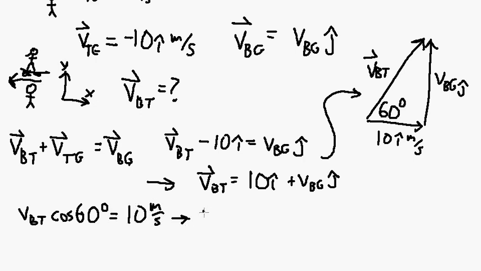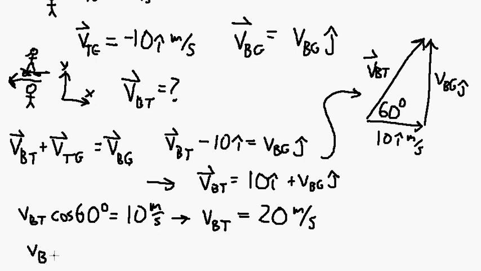And what that means is the initial speed of the ball with respect to the train, the magnitude of this vector here, must be 20 meters per second. We don't technically even need that, but it's nice to have. And this is all initially, by the way, so we're going to get into how that changes in a moment.